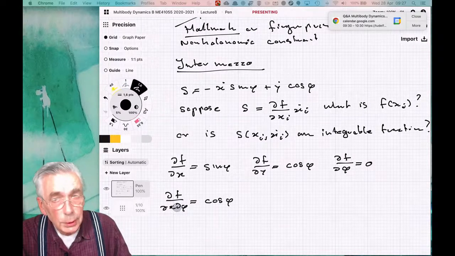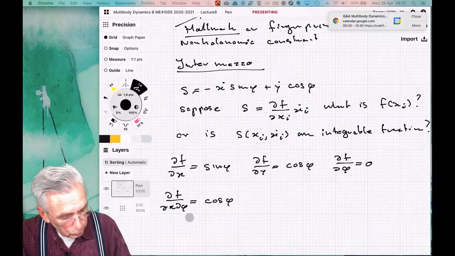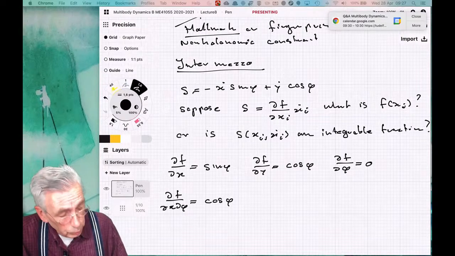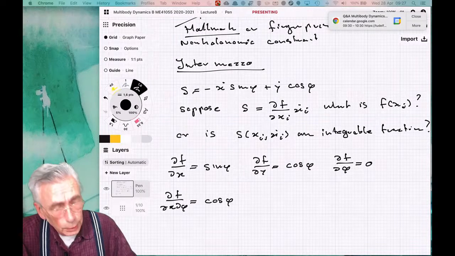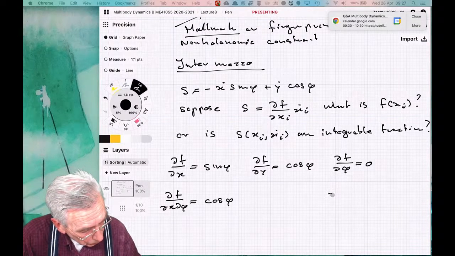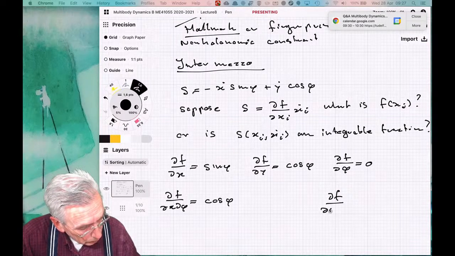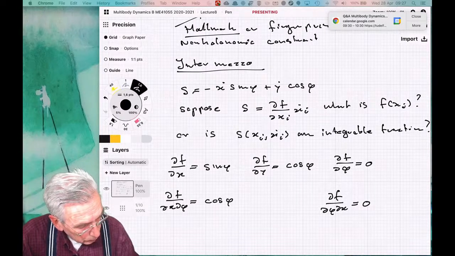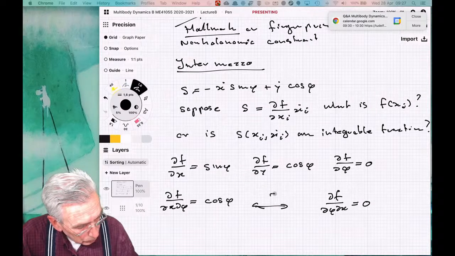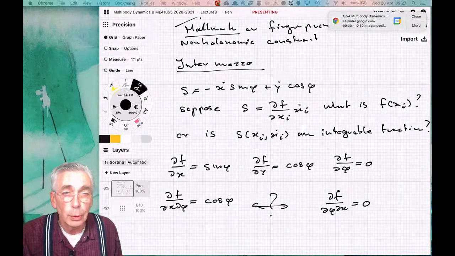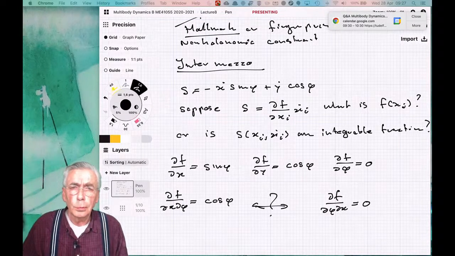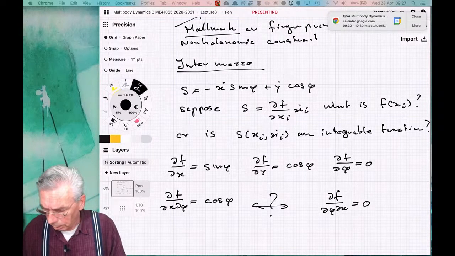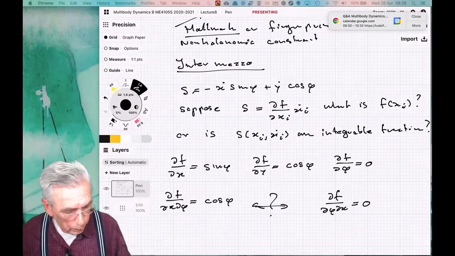So I have now the mixed derivative to x and phi, but if f would be a function, I can also take the derivative with respect to phi and differentiate it with respect to x. So if I do d²f/dphi dx, that turns out to be 0. Now how can 0 be equal to cosine phi? That's only for one case, and that is when phi is pi over 2 plus k pi or something like that.